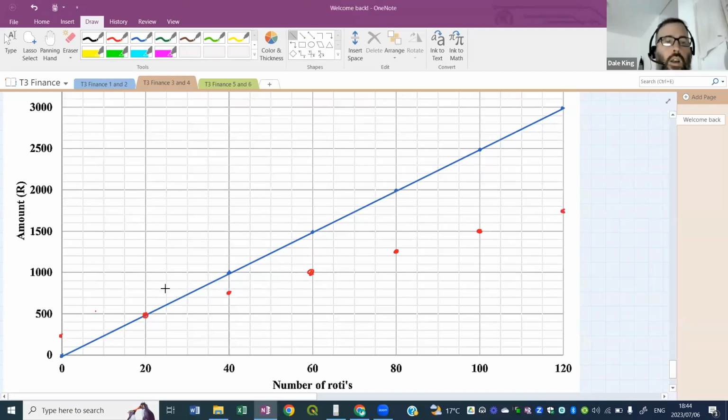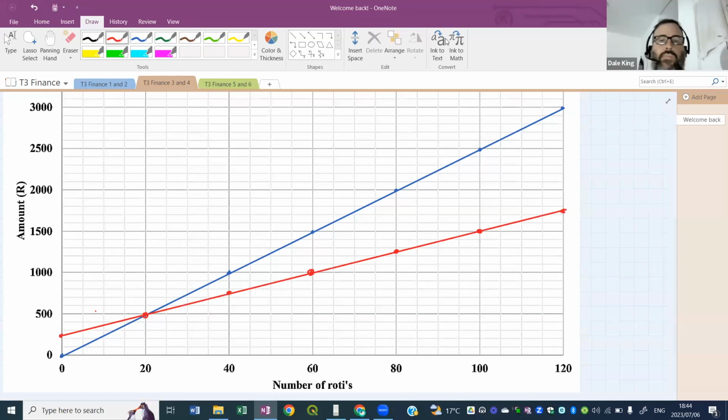All right. Now, we notice that the expenses graph doesn't start at 0. Who can tell me why? Someone's got to unmute and tell me, why does the expense graph not start at 0? Who can tell me?